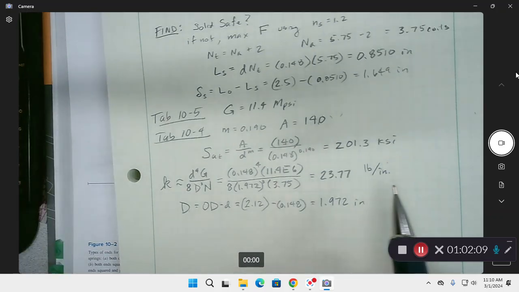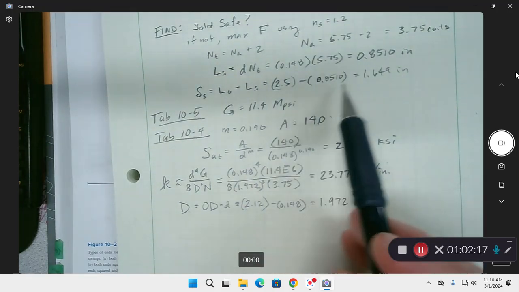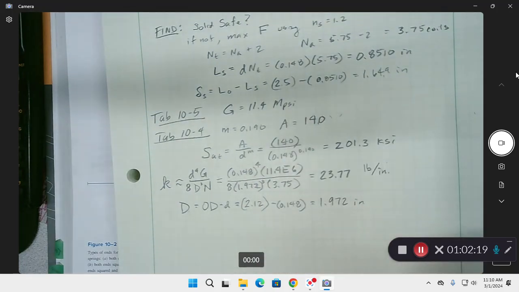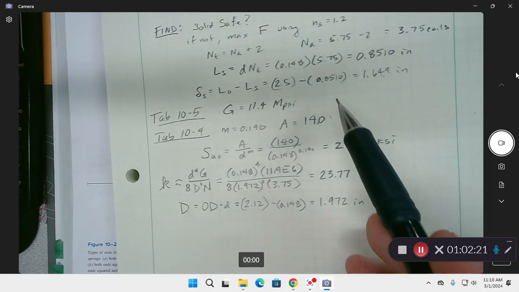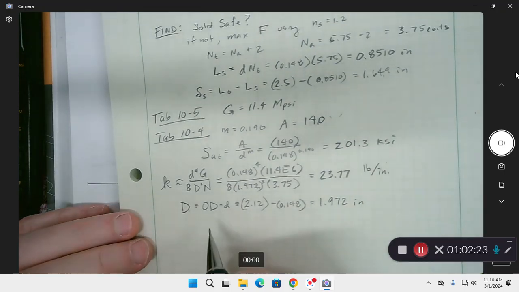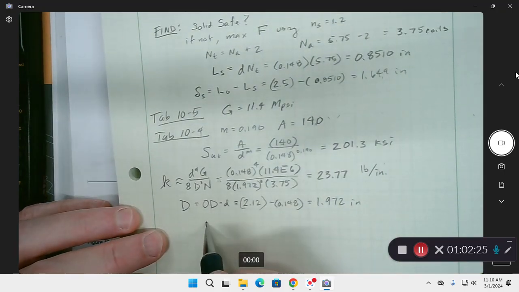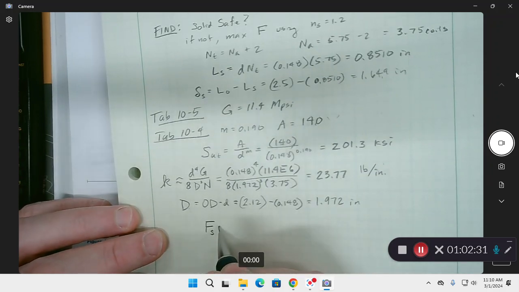All right, so we were able to get that force first. We can find what force is required because we know the deflection and we know the stiffness, so we could find what force will be placed onto the thing. So you get the F to make it solid.